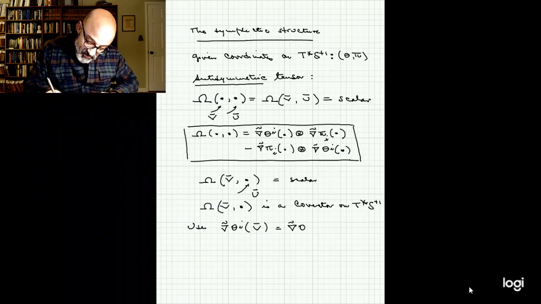Gradient of theta I, and then here we have v, which is the vector v.